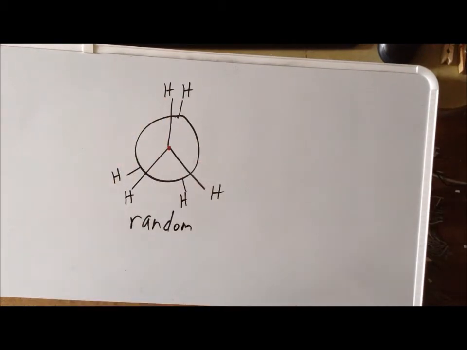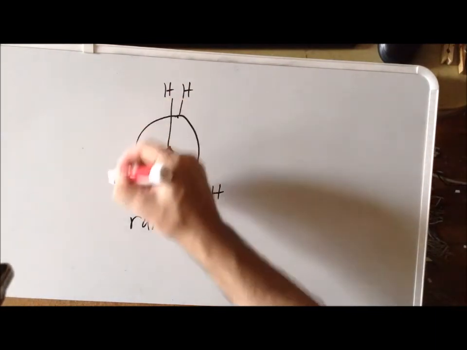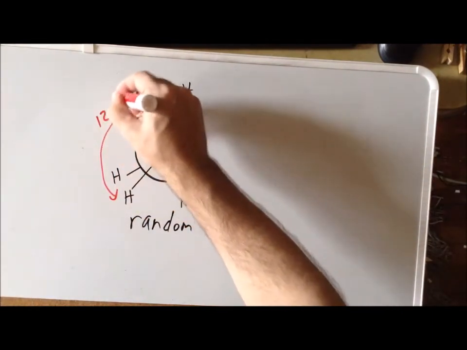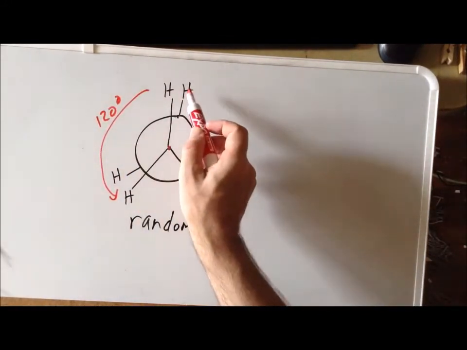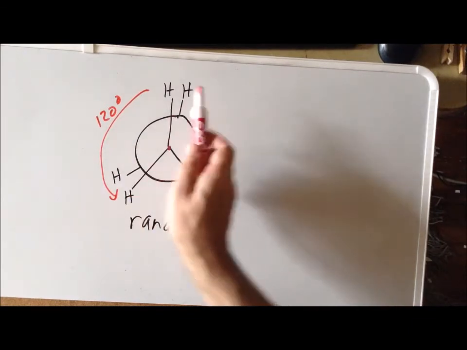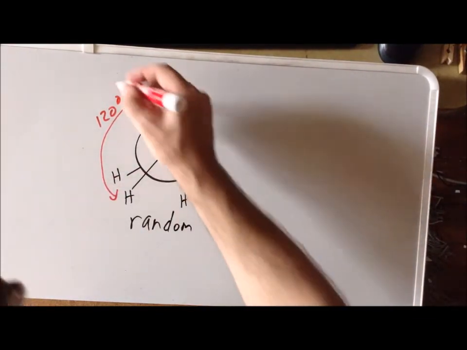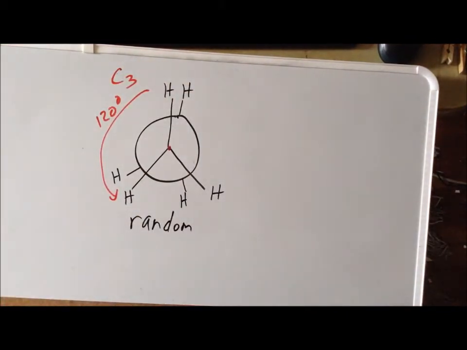And I do notice that if I attempt a 120 degree rotation from this hydrogen to that hydrogen, for example, this works. And if I do it for the hydrogens behind, again, they're all set by 120 degrees from each other. So if I do a C3 rotation, they will line up. So C3 is again a symmetry operation of this particular group.